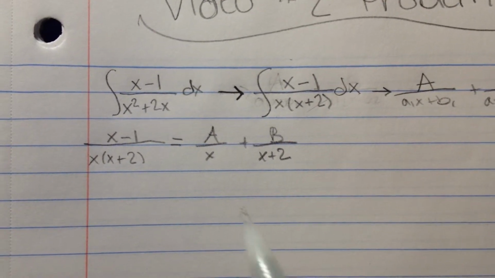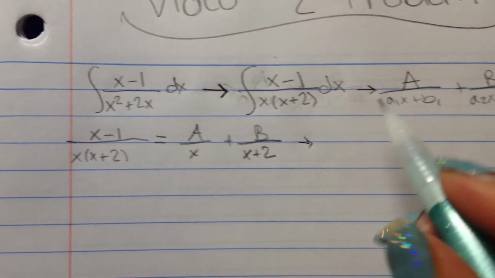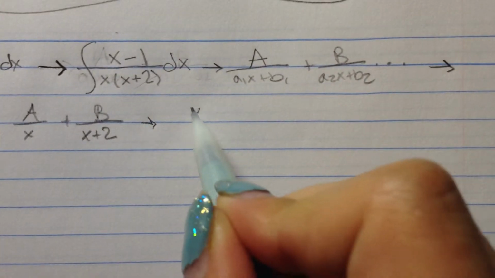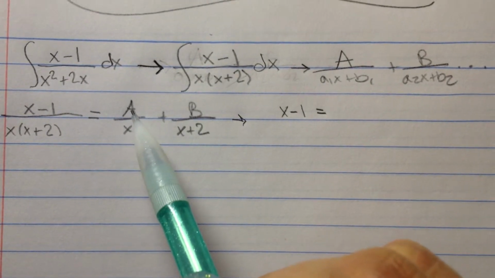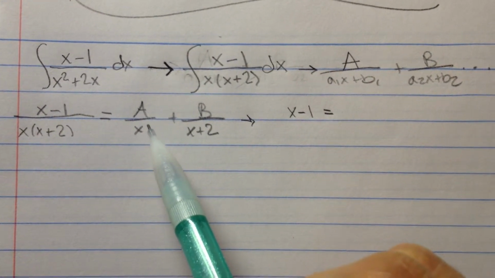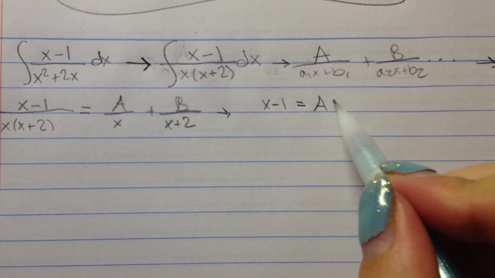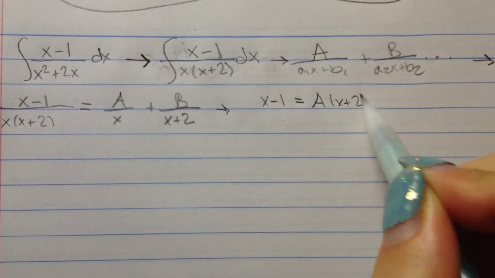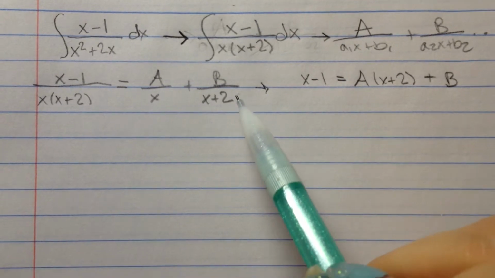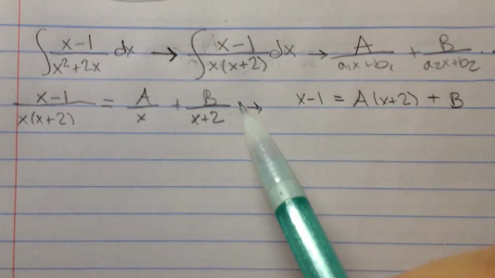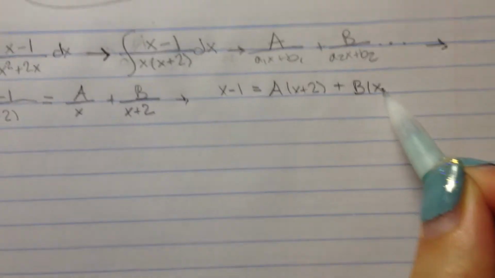So from there we can solve for x minus 1. So x minus 1 equals, we multiply the A by x times x plus 2, so the x's will cancel out, and it will give us A times x plus 2, plus B, and for the B quantity we'll again multiply by x times x plus 2, and in this case the x plus 2 will cancel out, leaving us with B times x.